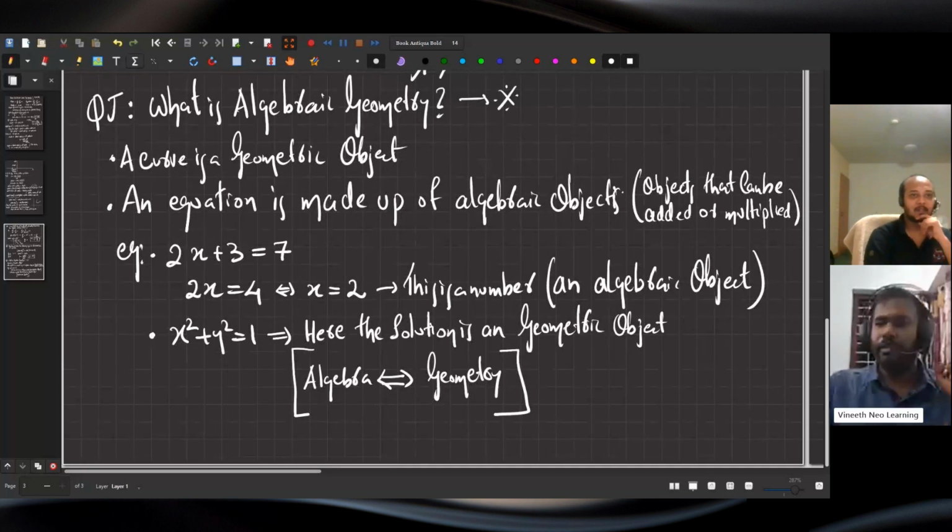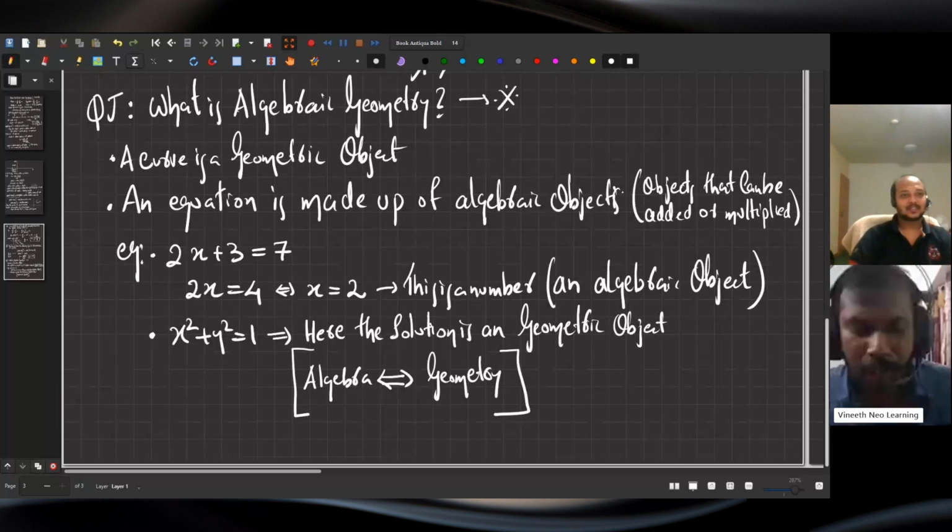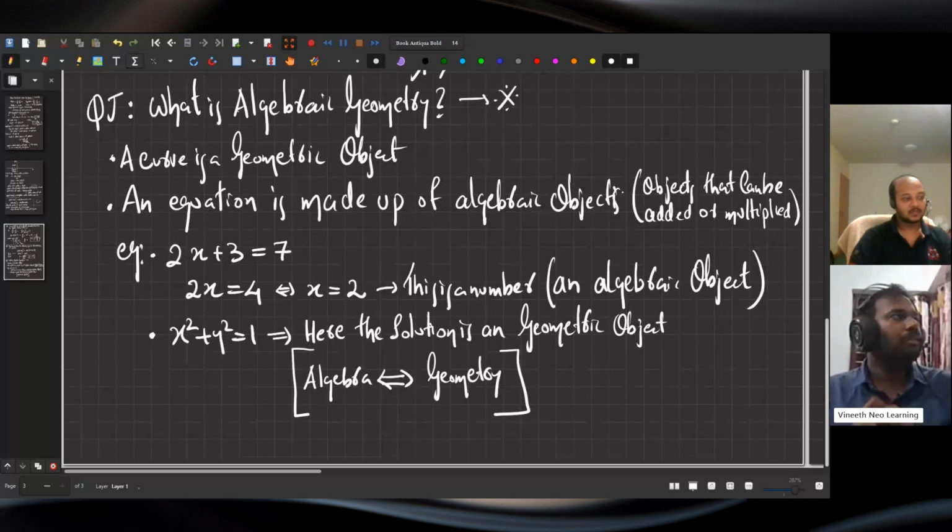So let's conclude our first session. This is a very important branch of mathematics. In the 20th century, algebraic geometry had an explosion due to the works of great mathematicians like Grothendieck. Now, algebraic geometry is at the core of mathematical theories.